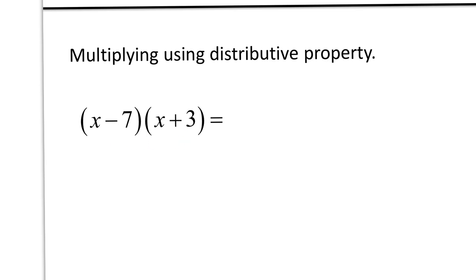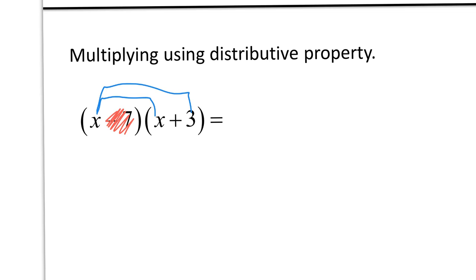So in a way, you are doing the distributive property two times, because imagine you don't have this here, and I'm just going to cross it out so you see what I'm talking about. Imagine we don't have that there, but you multiply the x times the x and the 3.